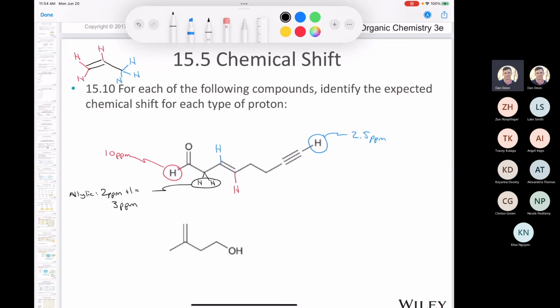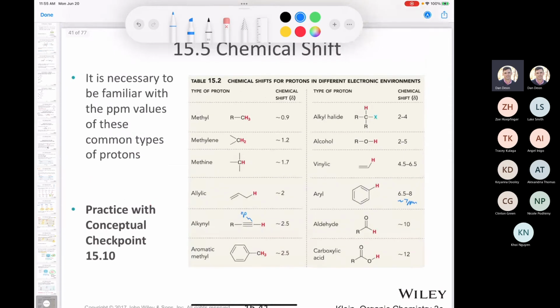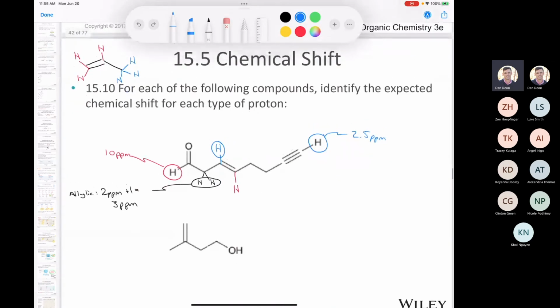The vinylic proton, though, let's do the one in blue. For the vinylic proton, we said the chemical shift was around 4.5 to 6.5. So let's go back here. Where is it? Vinylic was around 4.5 to 6.5. Now, depending on how fussy you want to be, it says it in the table. It's 4.5 to 6.5 parts per million. But these are also beta to the carbonyl.